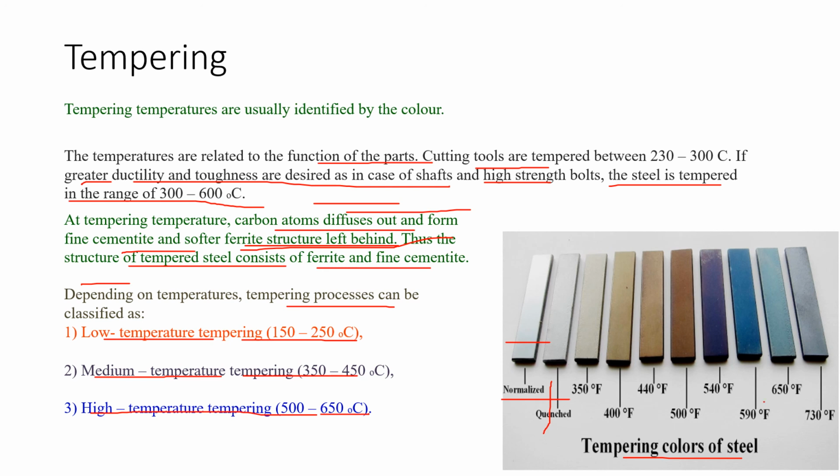Quench colors for the required temperatures, like 400 degrees centigrade, are this one, then 500 degrees Fahrenheit, 590 degrees Fahrenheit, and 730 degrees Fahrenheit. These are the colors for the quenched steel.